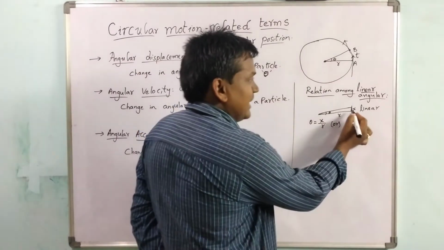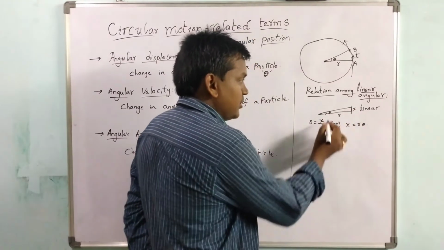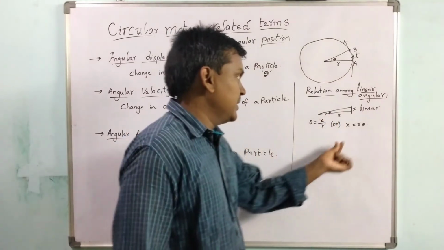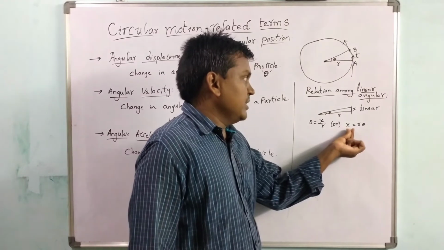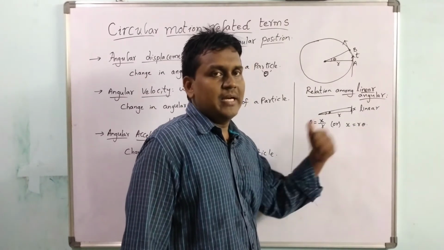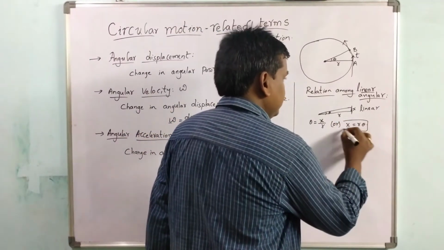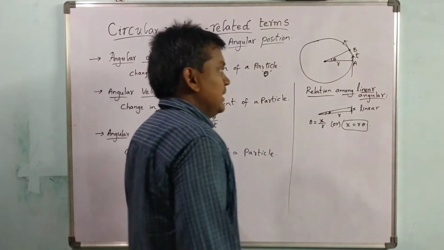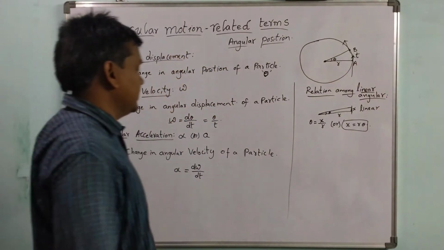Here x is the linear displacement and theta is the angular displacement. So linear displacement is equal to angular displacement into radius. This is the relation for displacement. Now let us see angular velocity.